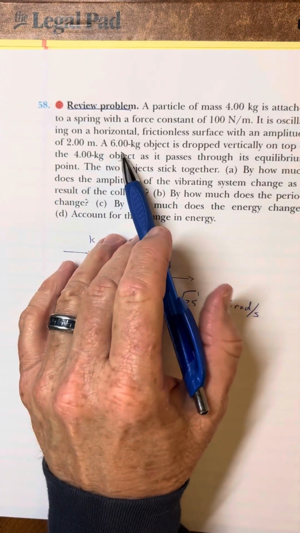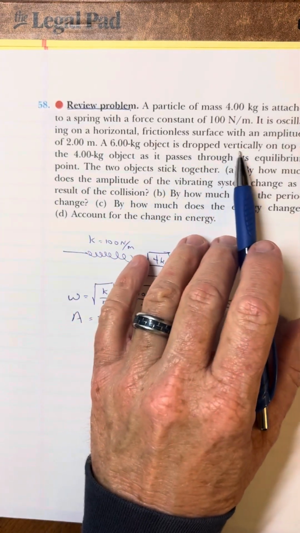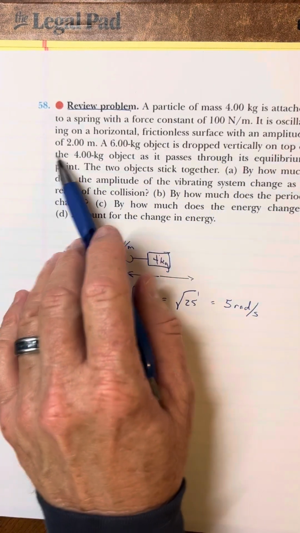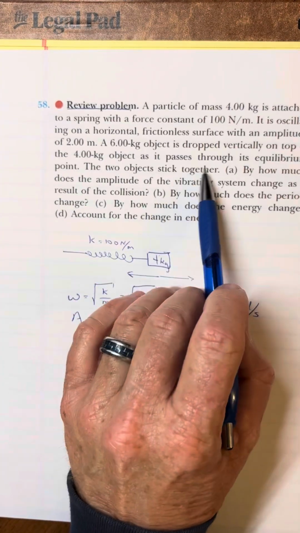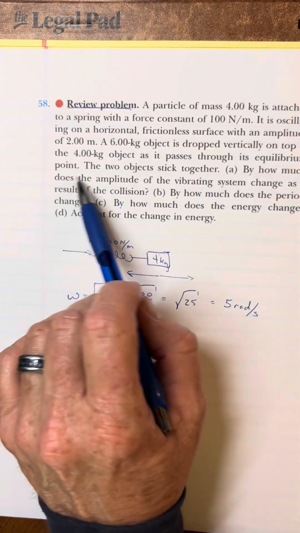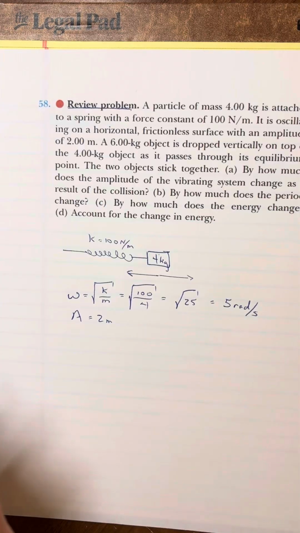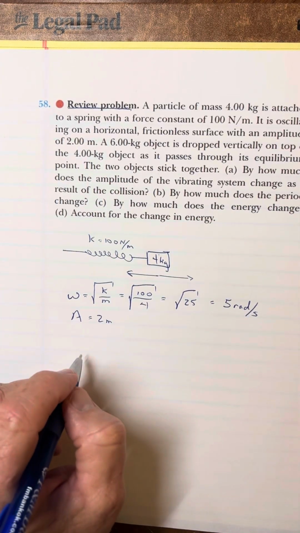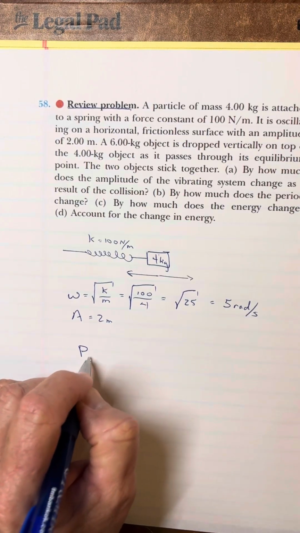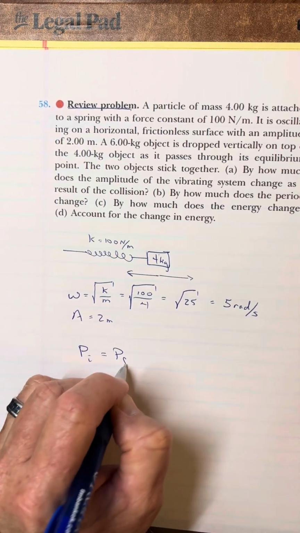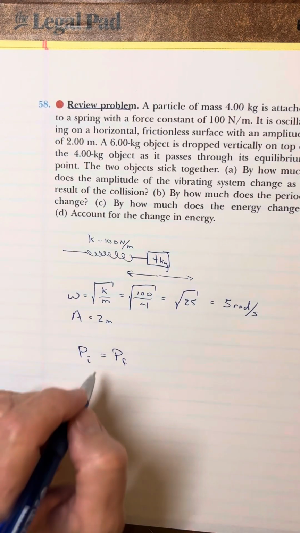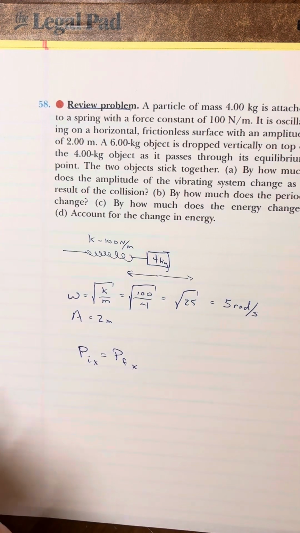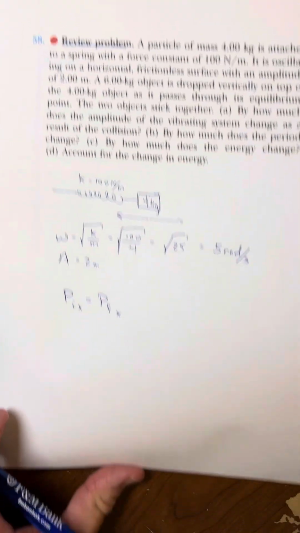Then another object, a 6 kilogram object, is dropped vertically on top of the 4 as it passes through equilibrium and the two objects stick together. And so here is where we can say initial momentum is equal to final momentum, at least in the x direction.